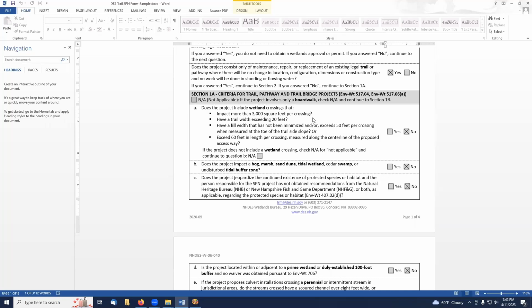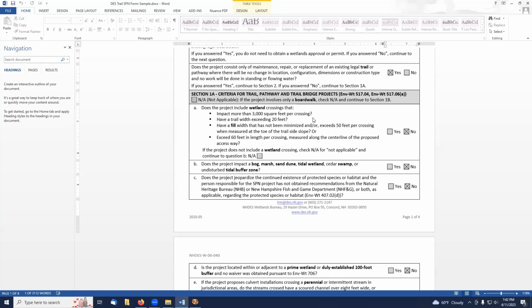The second best thing is if you're crossing over a stream, some sort of a small waterway, then use a culvert or use a bridge to go over that. Now, I like to use culverts because that allows me to drive dump trucks down the trail and bring new gravel in.